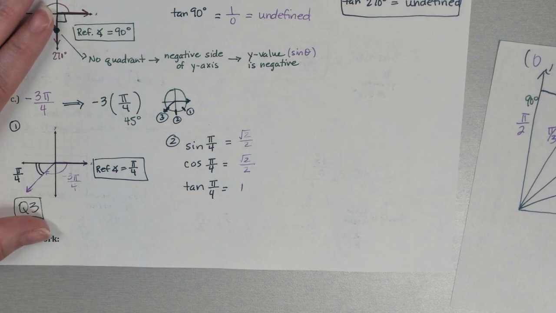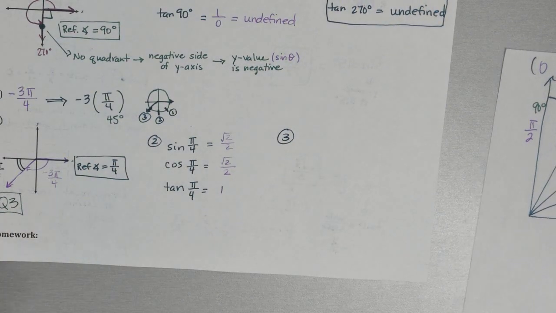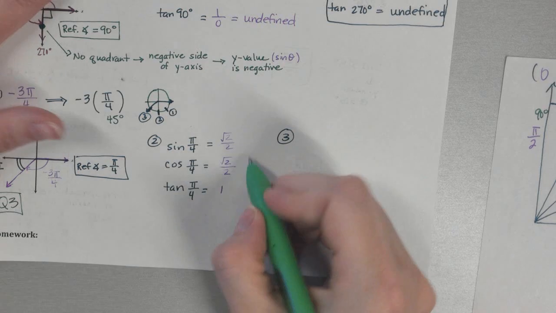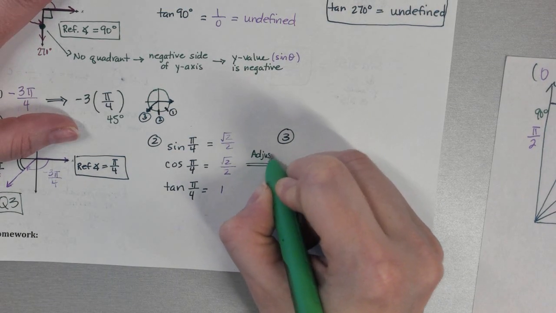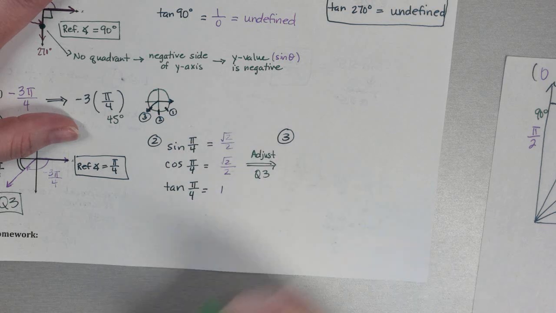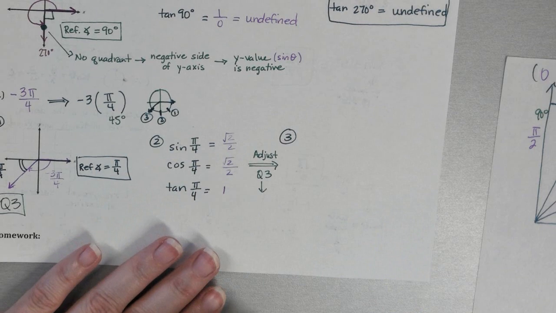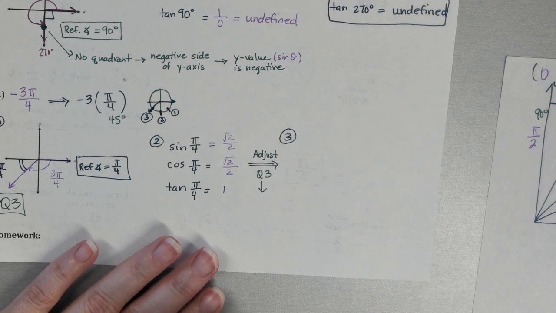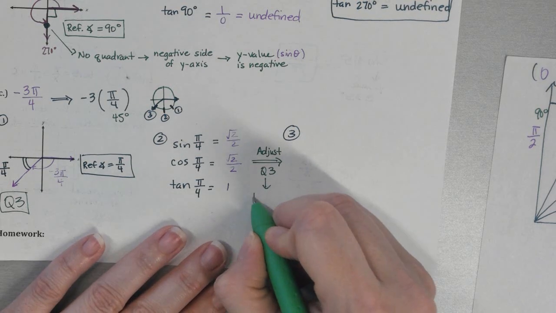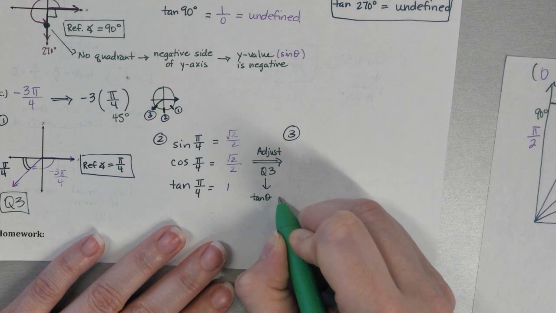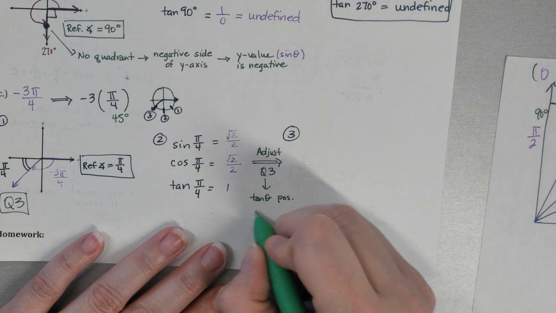Am I going too fast? Okay, and then our last step is just to adjust. When you are adjusting, you are just adjusting for the quadrant where you ended up. So you're going to adjust the signs to fit quadrant 3. So in quadrant 3, what is positive? Yep, tangent is positive, which means the sine and the cosine are what?